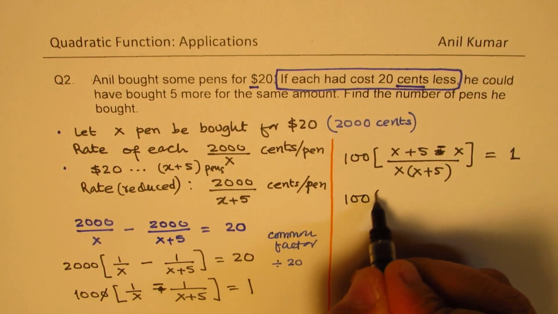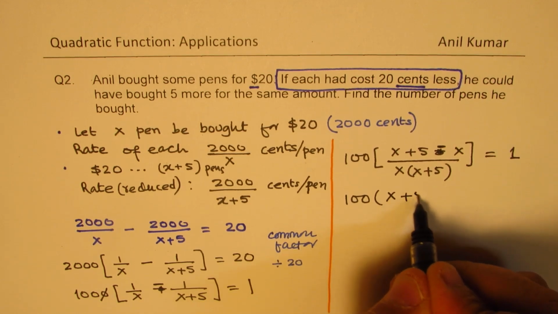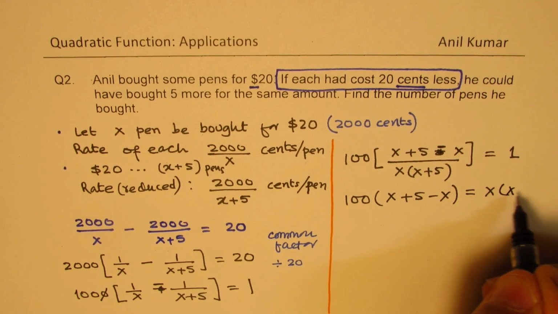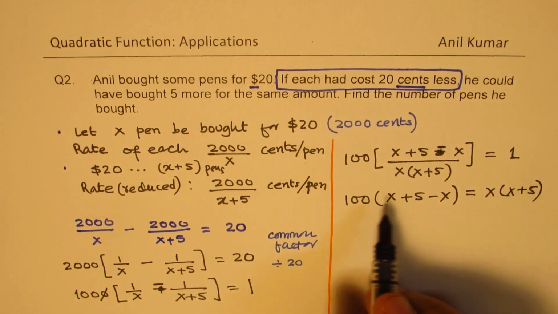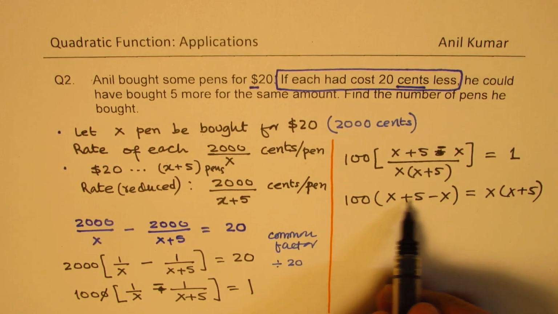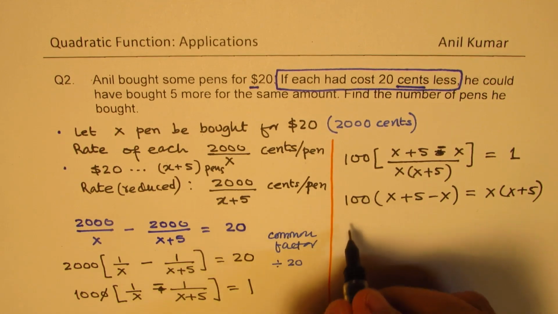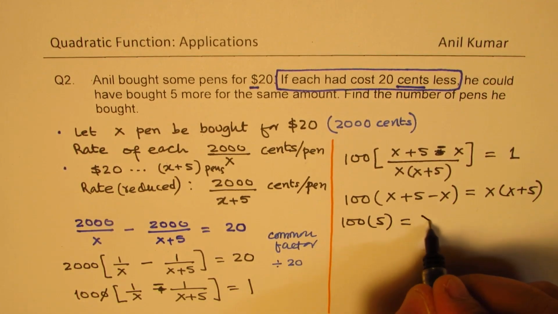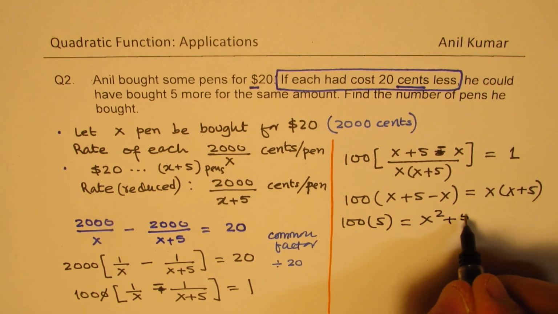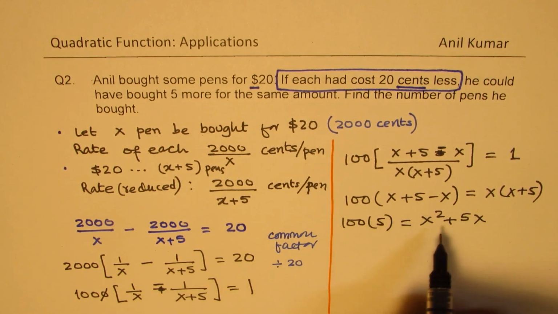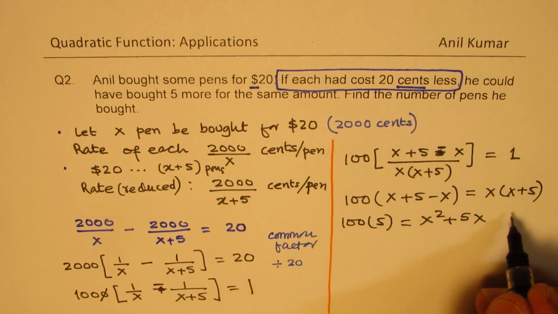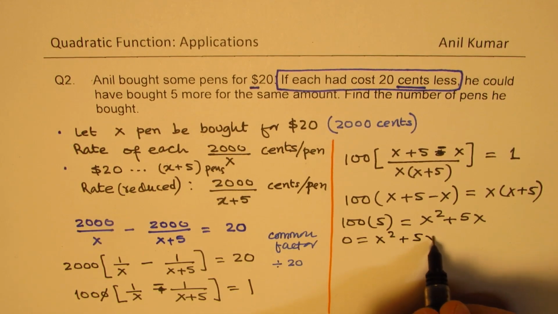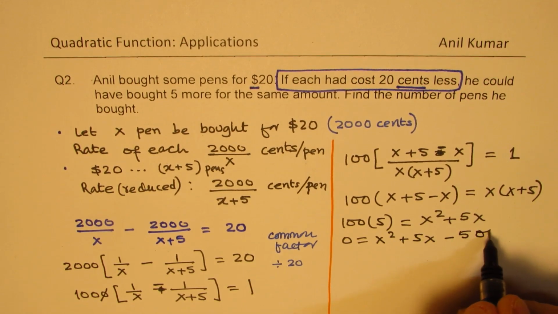So we have 100 times x plus 5 minus x equals x times x plus 5. Right? Now x minus x is 0, so 5 times 100 equals x squared plus 5x. Bringing this 500 to the right side, we get x squared plus 5x minus 500.